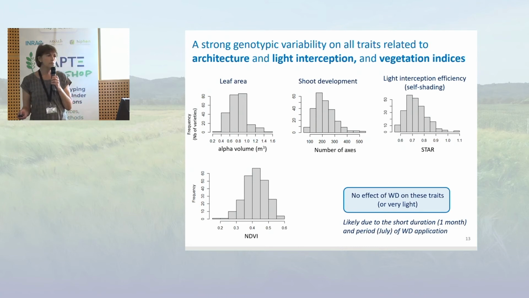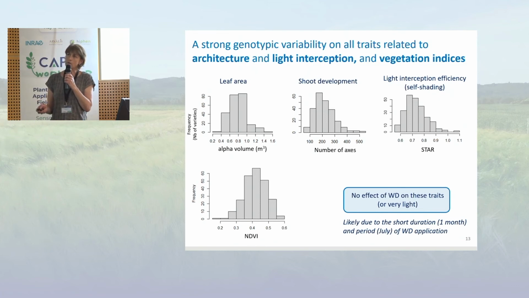On those traits, we didn't have any effect of the water deficit we applied, probably because, I didn't tell you that before, we applied that water deficit during 1 month in July, and the apple trees had already stopped growing. So they had their flush of leaves. In April, they grow, and then during June, they usually stop. So the water deficit was applied after the leaves developed. So we didn't have an effect on all those variables.